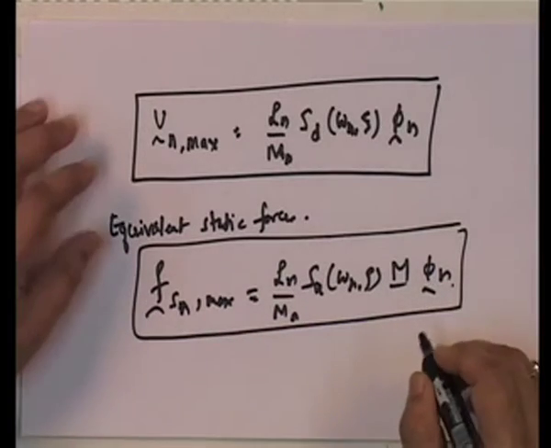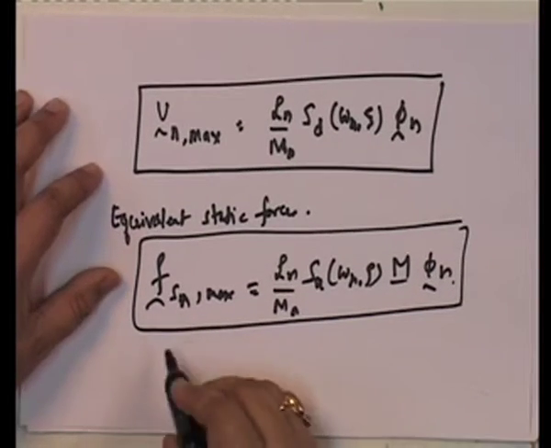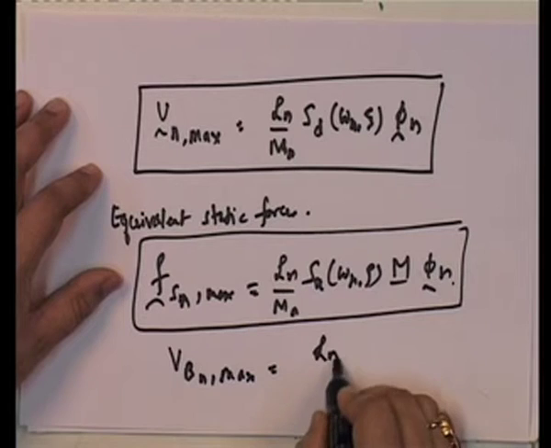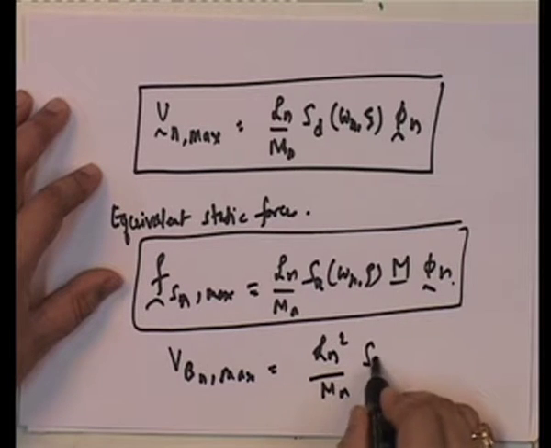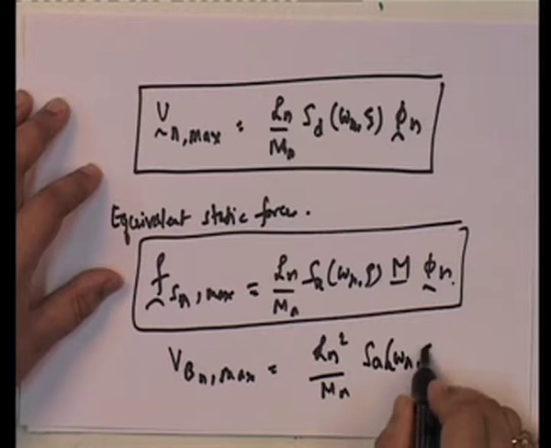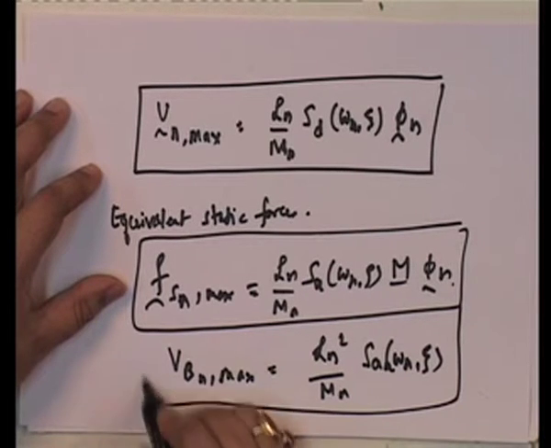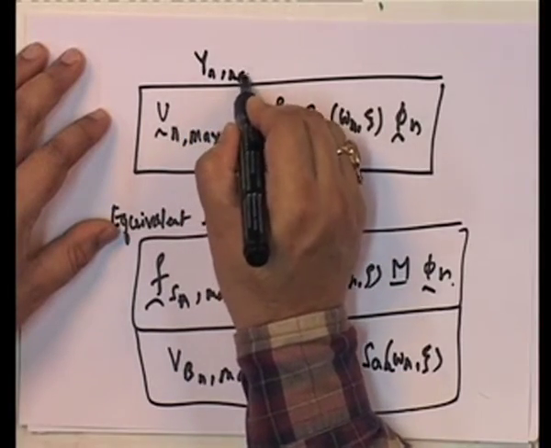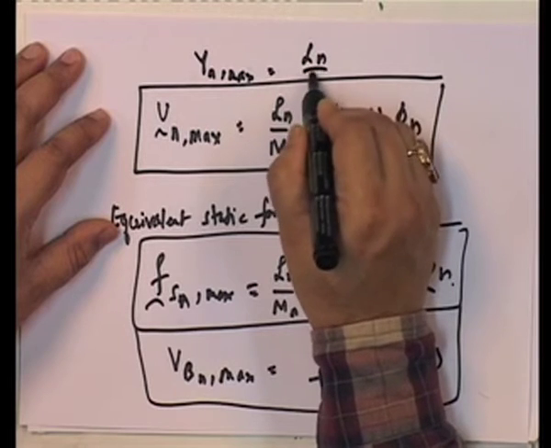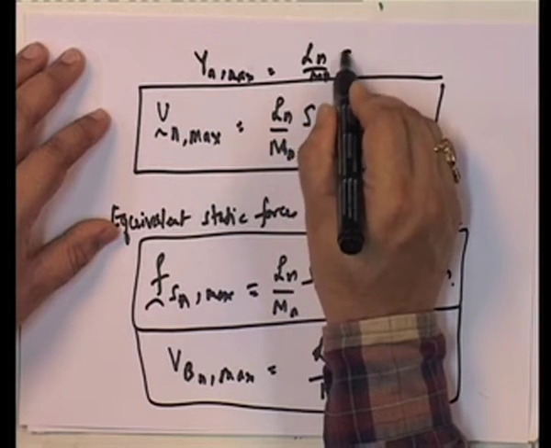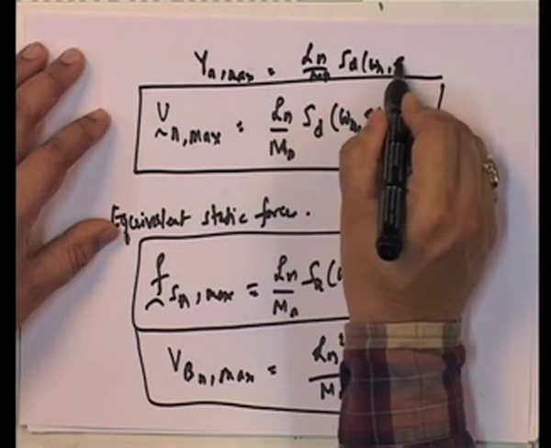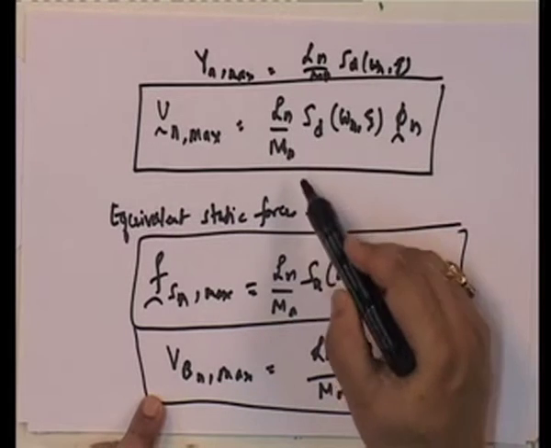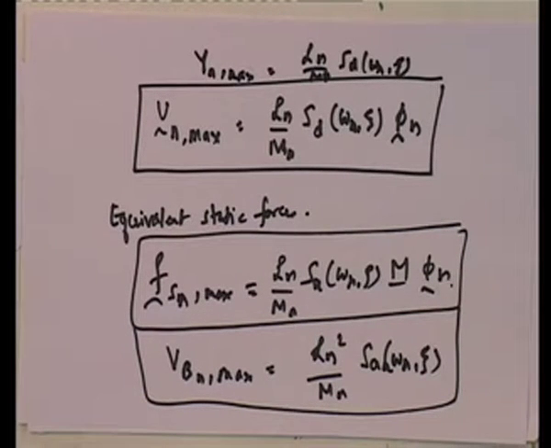So, this is a specific thing, and then finally, Vb, the base shear in the nth mode, is given by Ln squared upon Mn into Sa omega n xi. So, everything, and I will write down on top, yn max is equal to Ln upon Mn into Sd omega n xi. Of course, every term will be different for different modes. Okay.